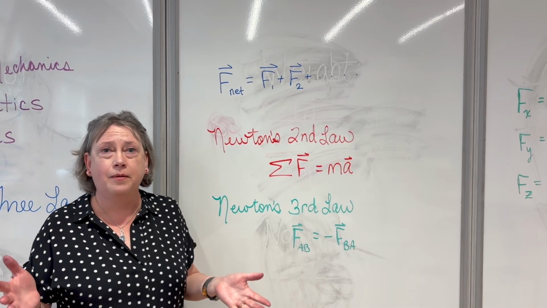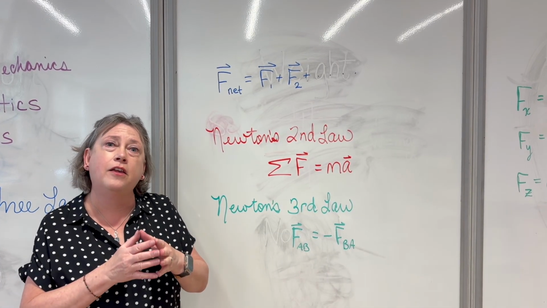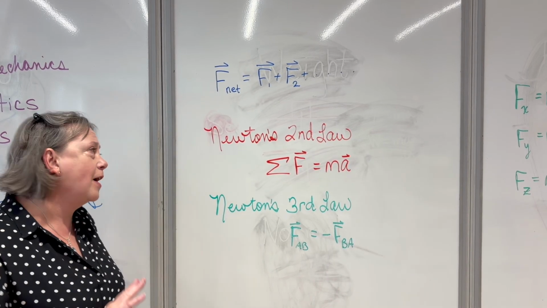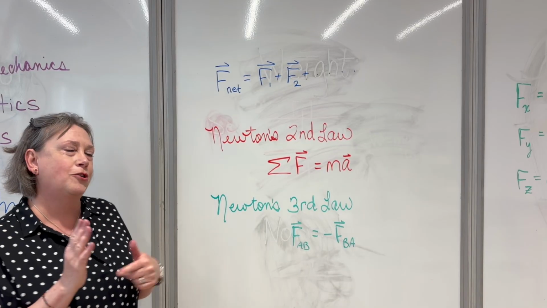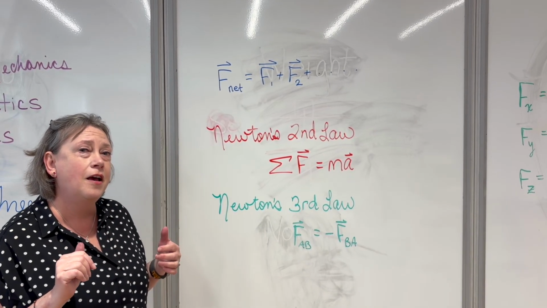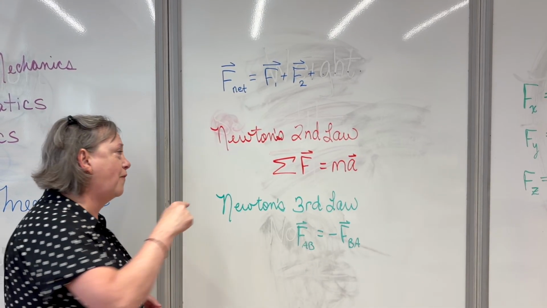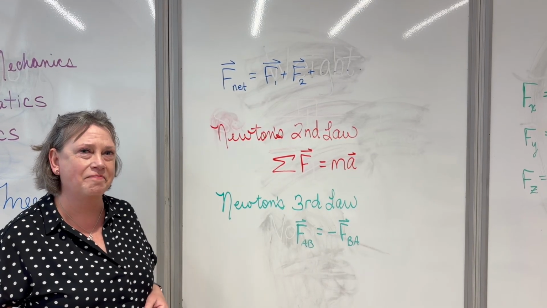The third law involves two objects that are interacting with each other, and they're often called action-reaction pairs. If I were to push on this wall, the wall is pushing back on me just as hard as I was pushing on it. Equal magnitude, opposite direction. So if I push this way, I'm feeling the wall push back that way.